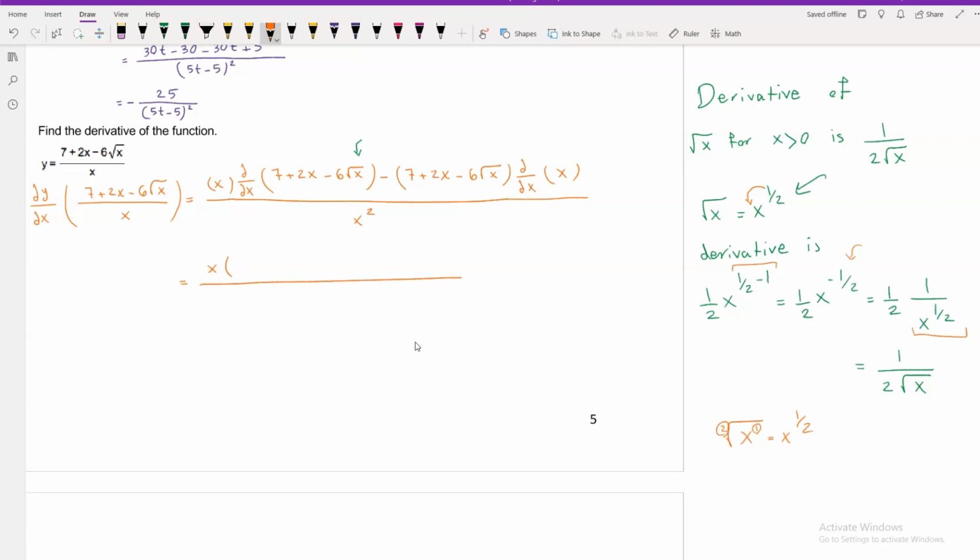So now using what we had on that part to find the derivative.